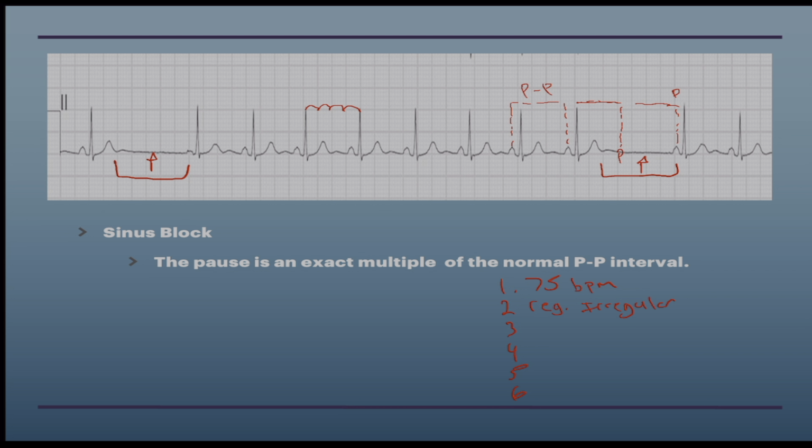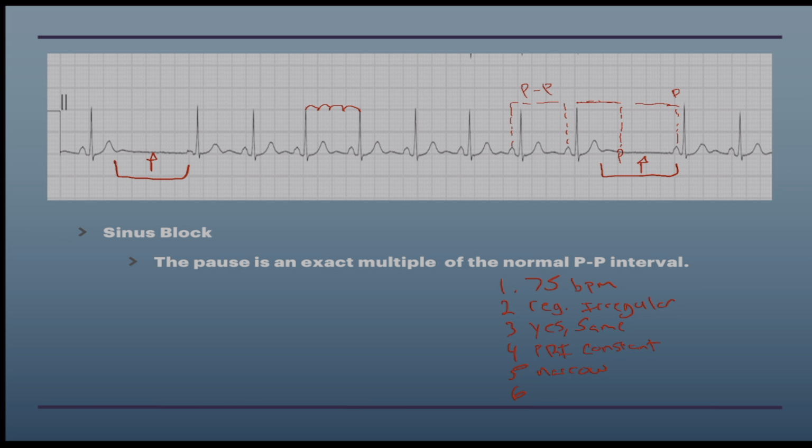Next, I'm going to look at the P waves. I have P waves throughout the EKG. They are similar in morphology, so yes. The PR interval, in this case, is going to be a constant PR interval. You can measure that out there. The QRS complex is narrow.